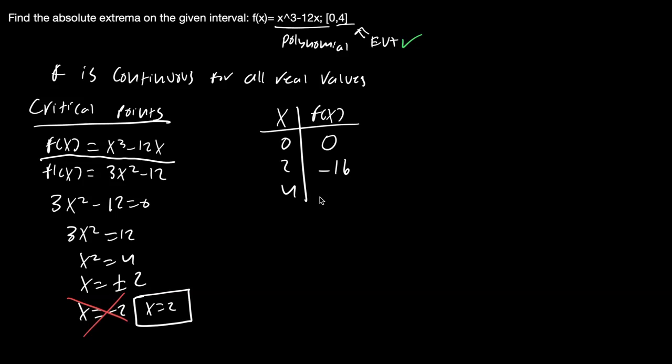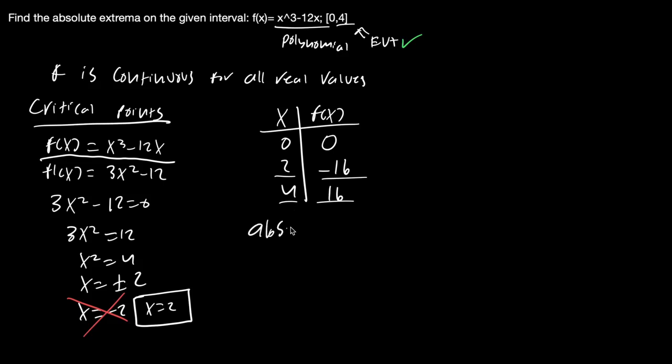And with 4, we get 64 minus 48, which is 16. Looking at our table, which values give us the lowest value and the highest value? 2 gives us our lowest, 4 gives us our highest.